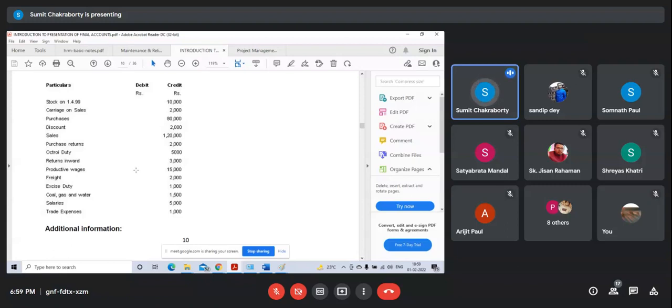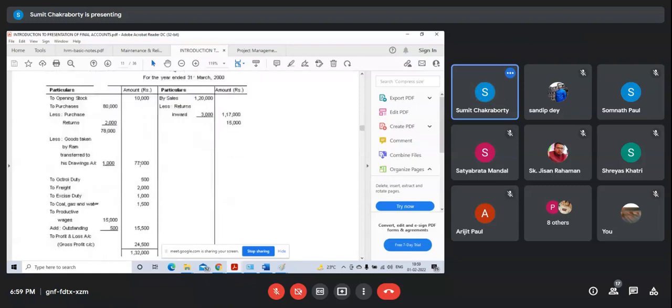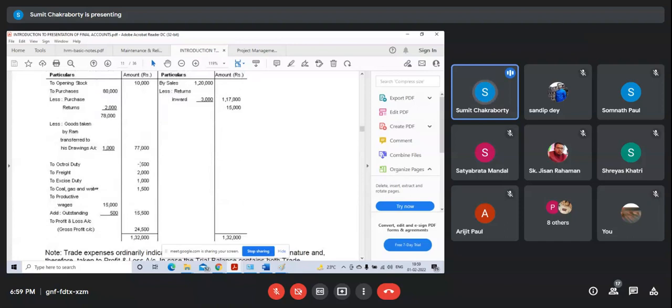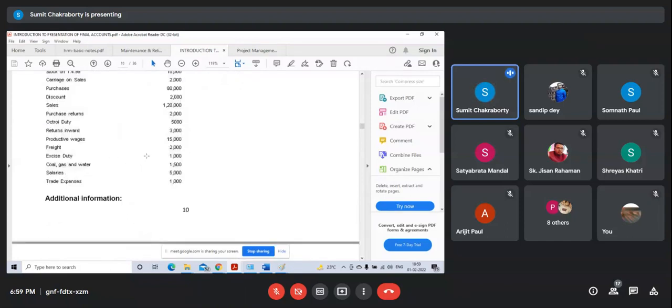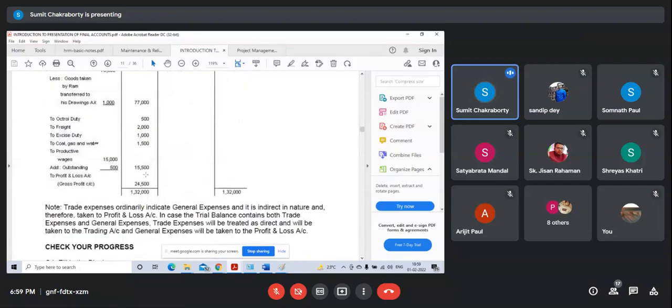Carriage on sales is not included. Freight, 2,000, that is included, that is for bringing the material. So what you get is 1,32,000, and here you get 1,32,000.